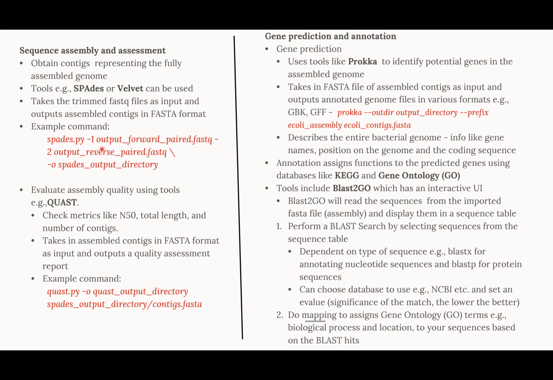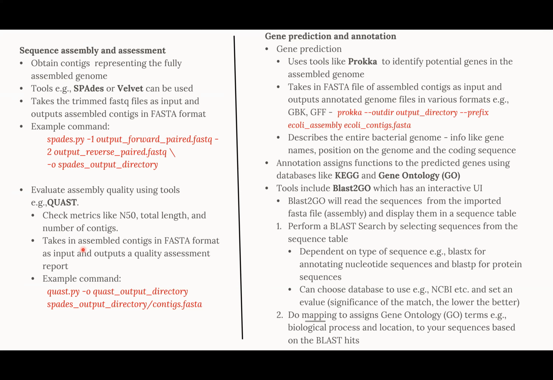And then after doing the assembly, you can evaluate the quality of the assembly using QUAST. This checks metrics like N50, total length, and the number of contigs. N50 is the quality of your assembled bases, if I am not mistaken.